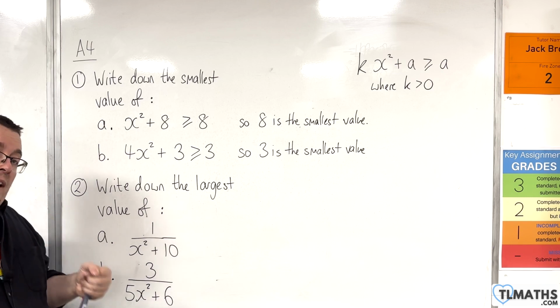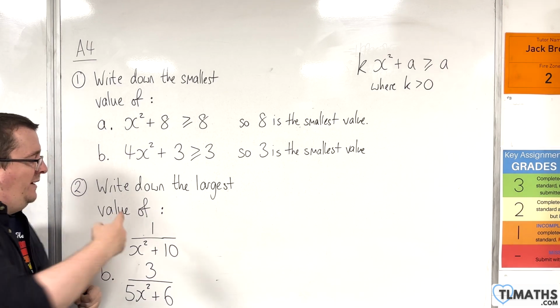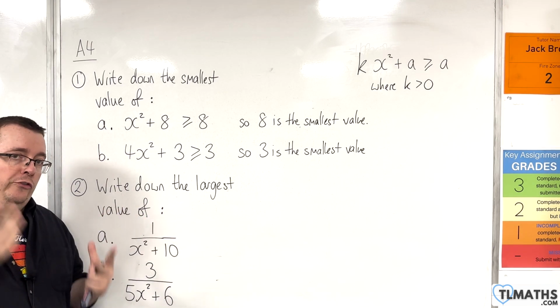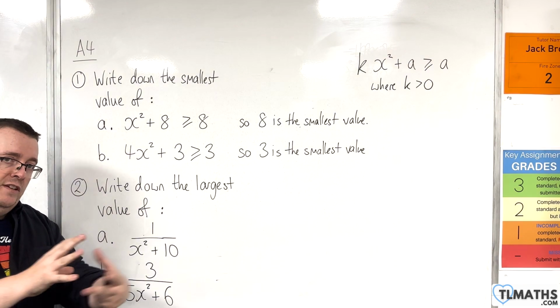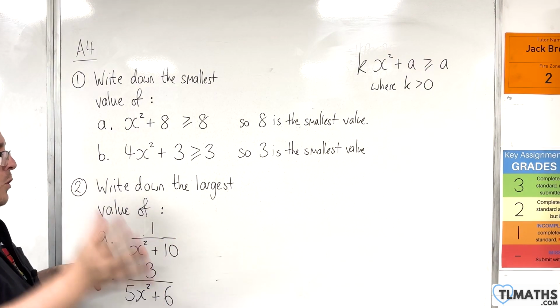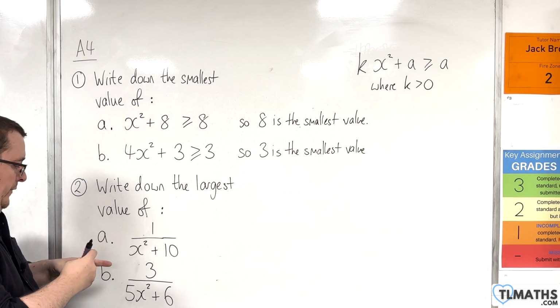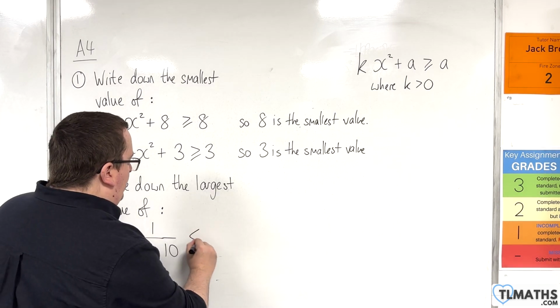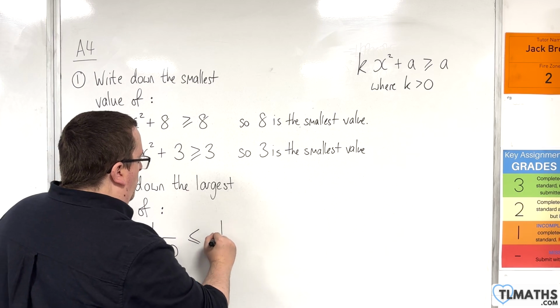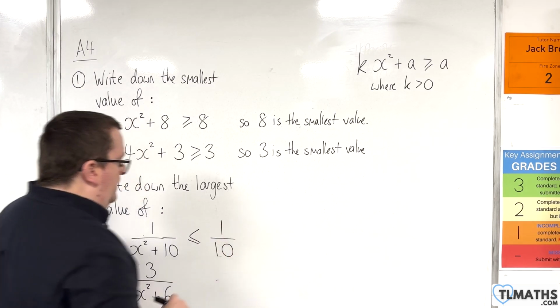Now, if I make the denominator of a fraction larger, it makes the total value smaller. The larger the denominator gets, the smaller the overall value is going to get. So this is going to be less than or equal to 1 over 10.